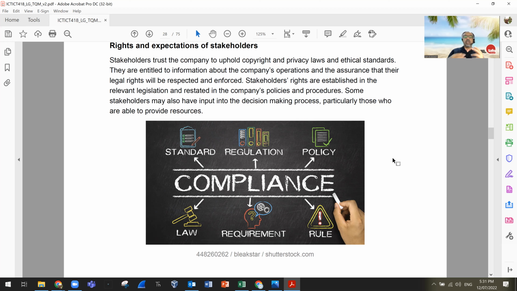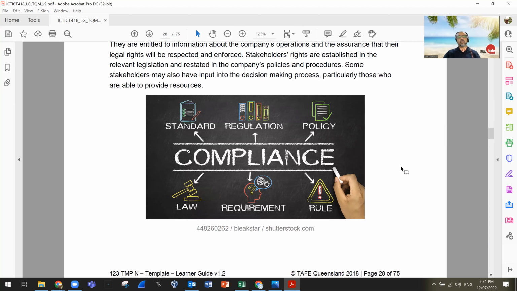So this way we are compliant with rules and regulations of WHS, work health and safety, or OHS, occupational health and safety. Some of us in the other TAFE campus or other departments must wear PPE, personal protective equipment, because they are doing some trade work, carpenters and so on.